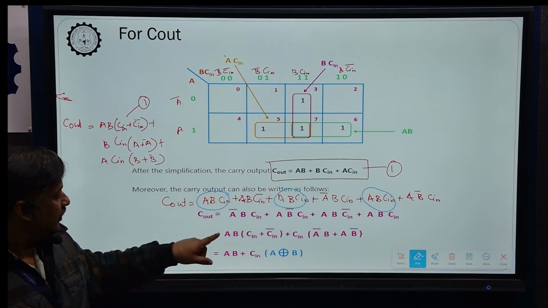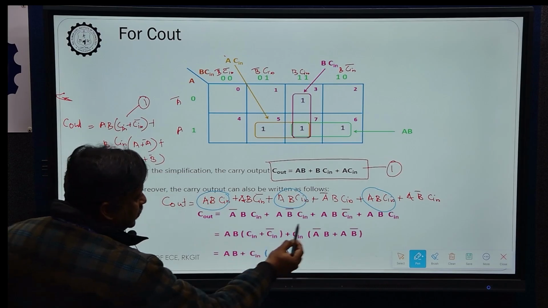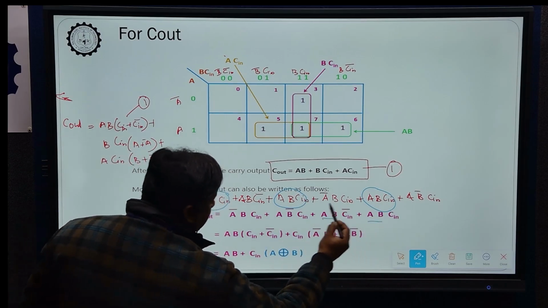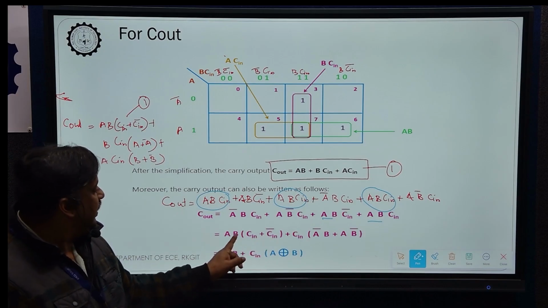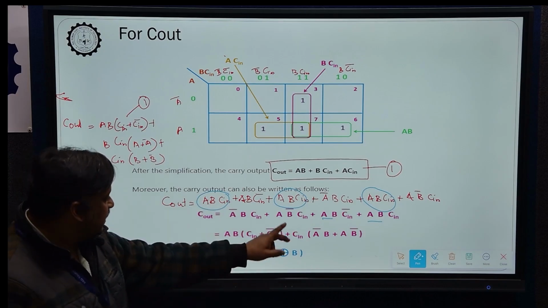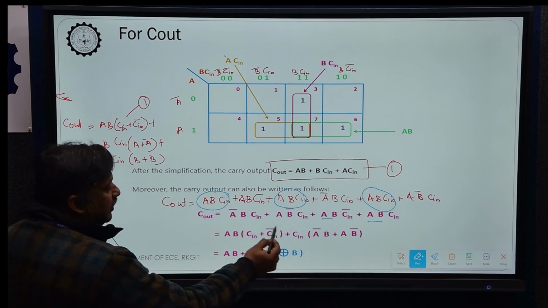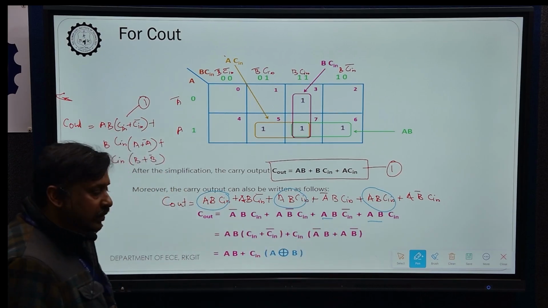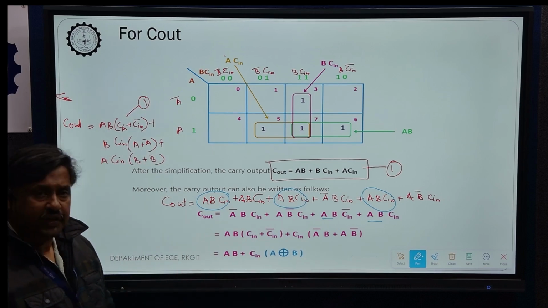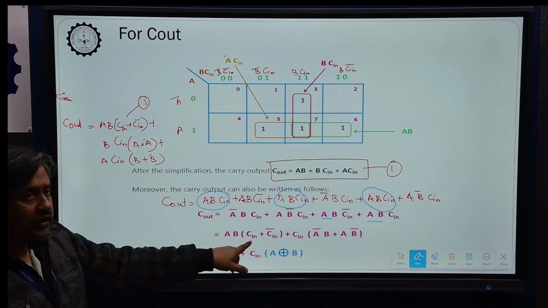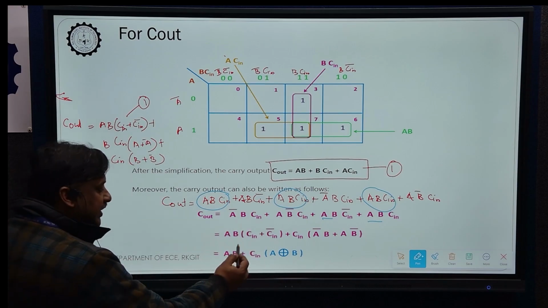Okay. So finally the equation will consist of 4 terms. Now if we take AB common, C in plus C in bar will be common. So AB into C in plus C in bar, plus C in is common, and the remaining terms are A bar B plus A B bar. After taking these common terms, C in plus C in bar is nothing but 1, so AB into 1 is AB.